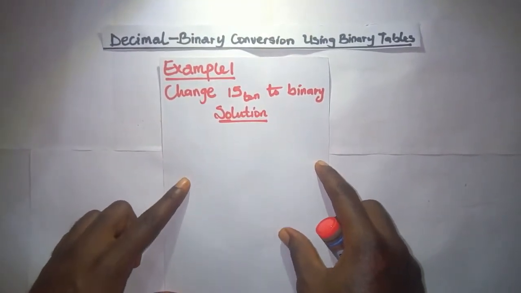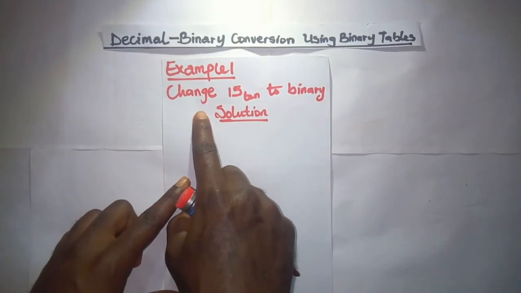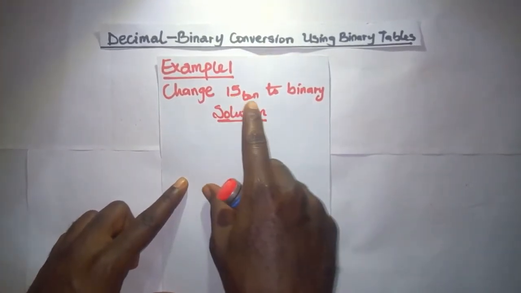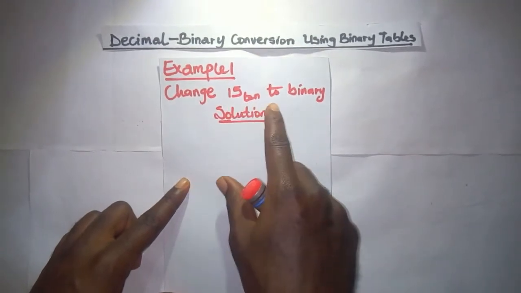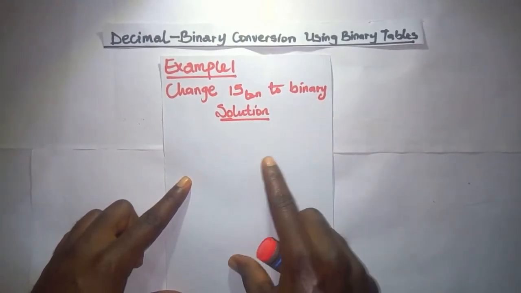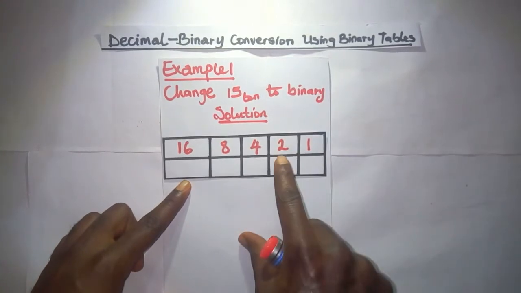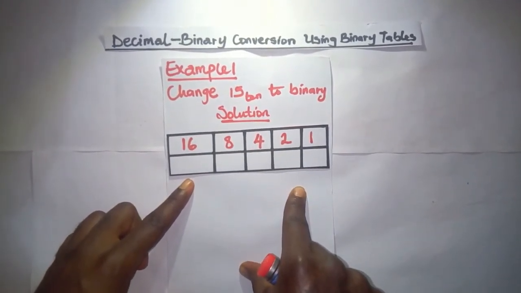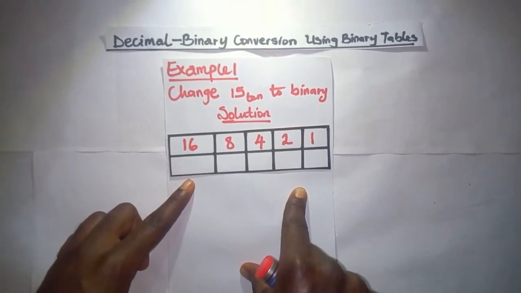In the first example, we have change 15 to binary. 15 is in base 10, so we have to change it to binary. Now this is the binary table we are going to be using to change 15 to binary.